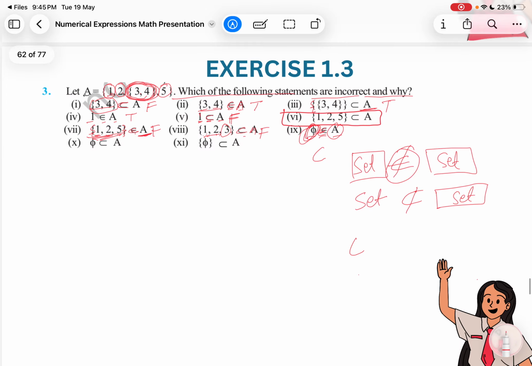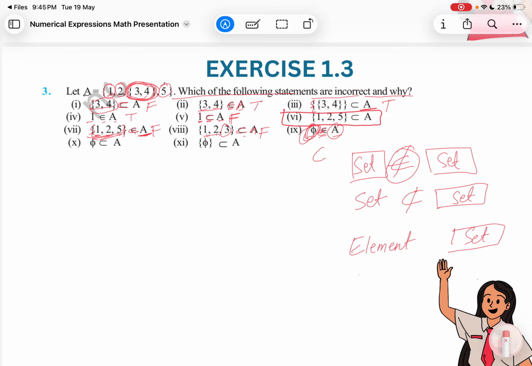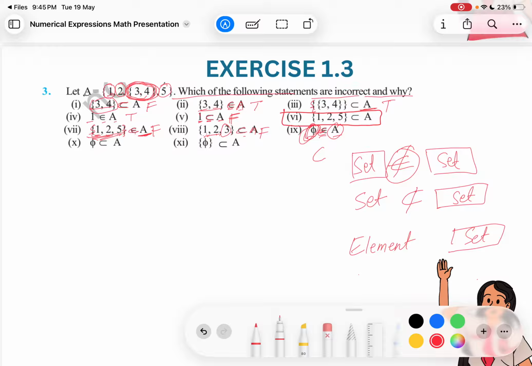Okay, and if we have an element, we can check whether this element belongs to this set or not. Element, set. Is this belongs to or does not belong to? Let me just write it nicely. We can do belongs to, just clear it and write easily.